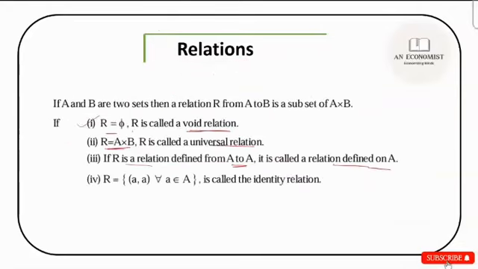And if this is the case, we will call it the relation defined on A. And it could be that both the elements of R are the same, then it is called the identity relation. So if you think of (1, 1), (2, 2), (3, 3), so the elements are the same, belonging to a particular set, then it will be called an identity relation. Okay, I hope this is clear.